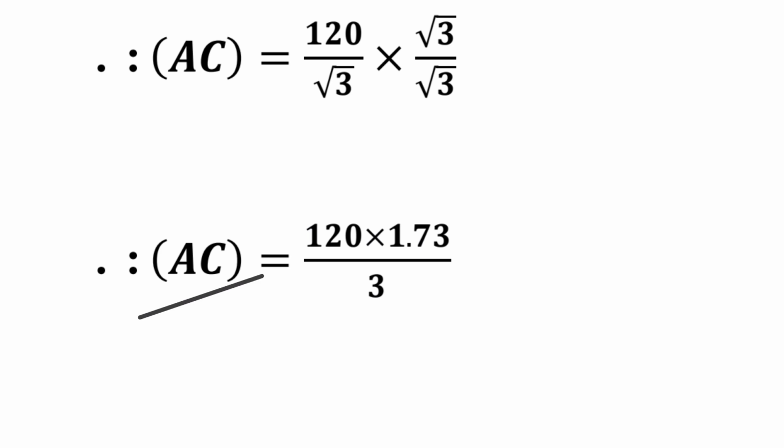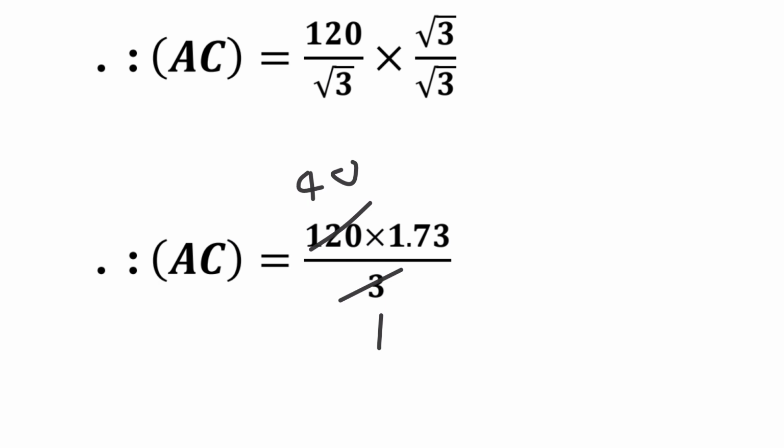Therefore, we get here AC is equal to 120 into value of square root of 3 is 1.73 upon square root of 3 into square root of 3 means 3. Now here we divide this 120 by 3. 3 ones are 3 and 3 fours are 12 and 0.